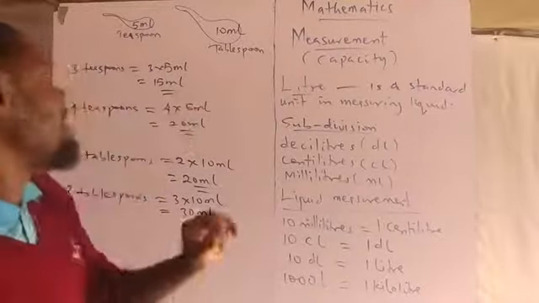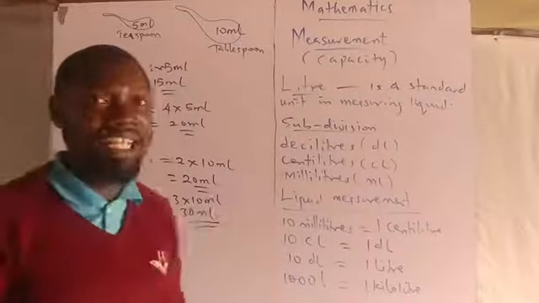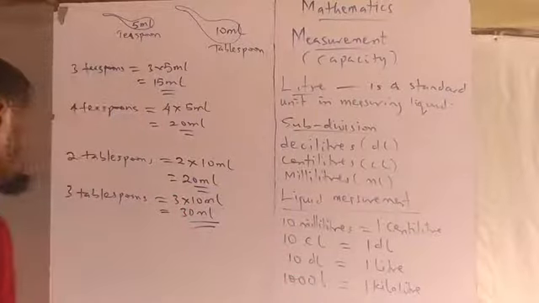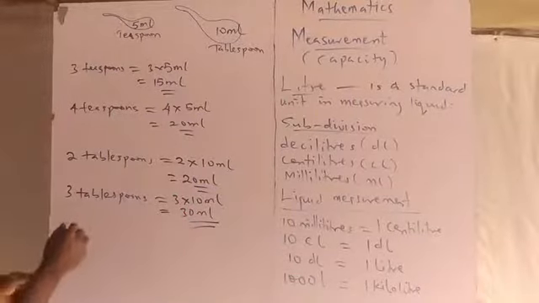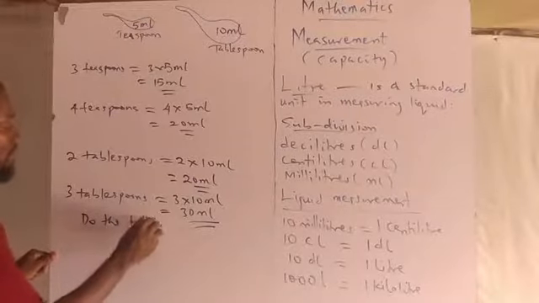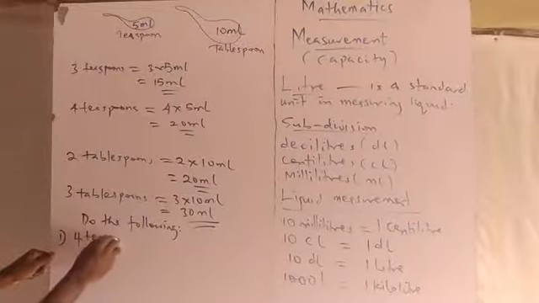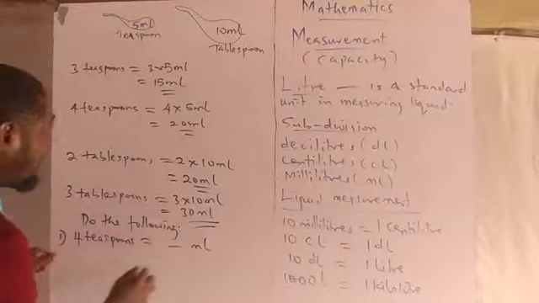Remember I said your teaspoon is 5 milliliters and your tablespoon is 10 milliliters. Now, fill in the following milliliters for me. Number 1, you have 4 teaspoons. Put the milliliters for me.